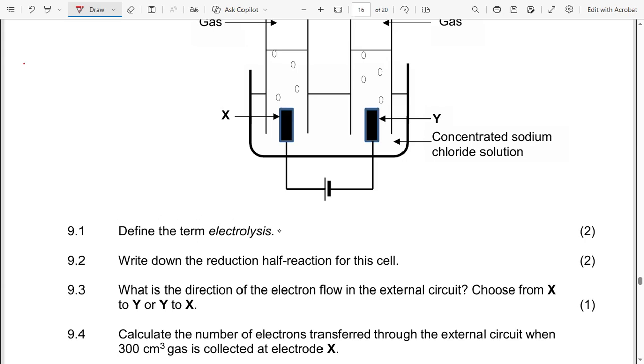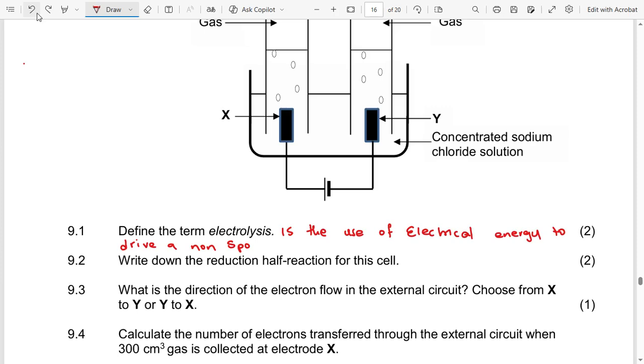So this is the use of electrical energy to drive a non-spontaneous chemical reaction.